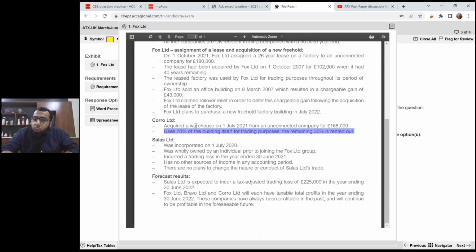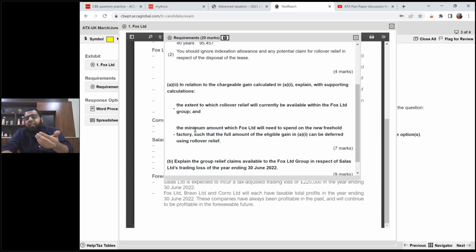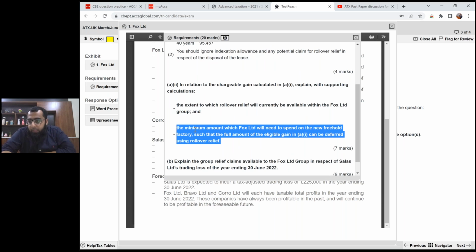And what additional investment is required? Because I believe the whole proceeds are not reinvested, so there must be some additional investment. Okay, we look at Part A2 in the next class.